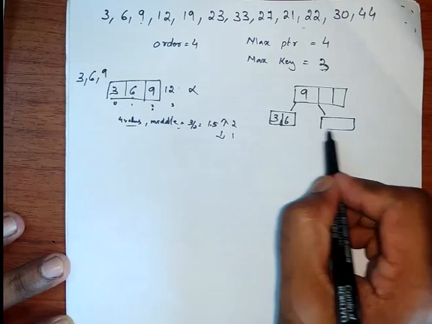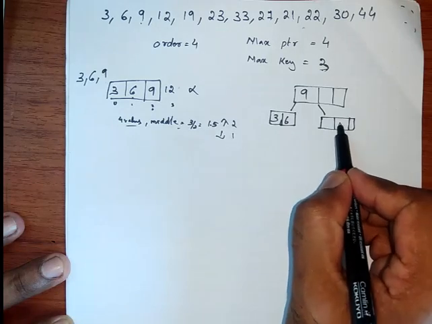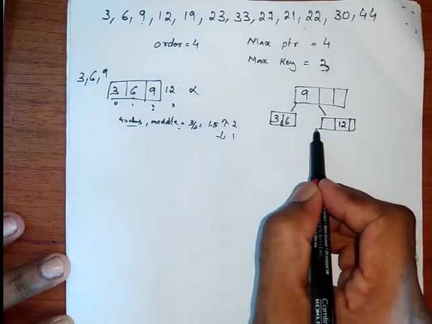One value is 12, but from the rules of B plus tree, all the leaf nodes must contain all the data values. So 9 should be present in the leaf node. So we have to copy the value 9 into the leaf node.